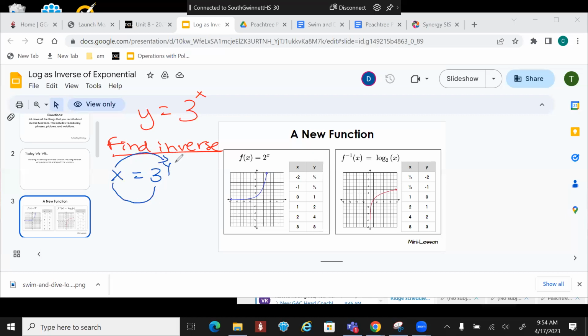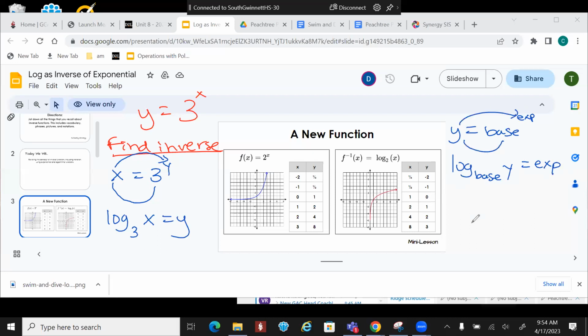So this little circle is the order that I'm going to write things down in. So I'm going to say log of base 3 of x equals y. So for those of you who are more visual learners, the way I write this out in log form is I say log of the base of y equals the exponent.